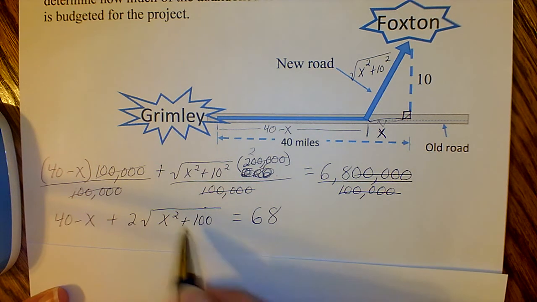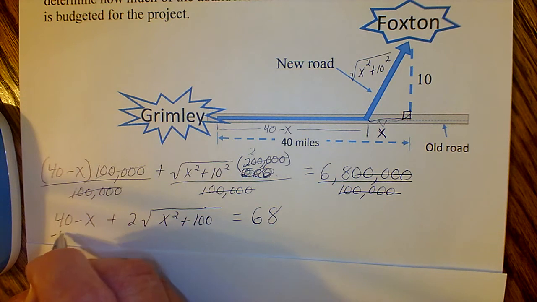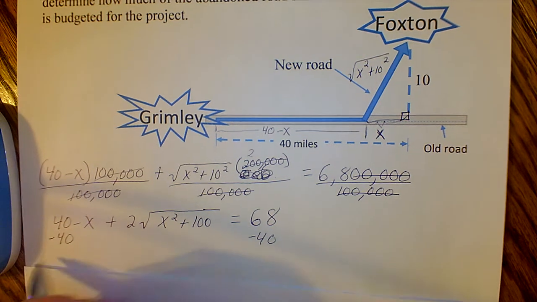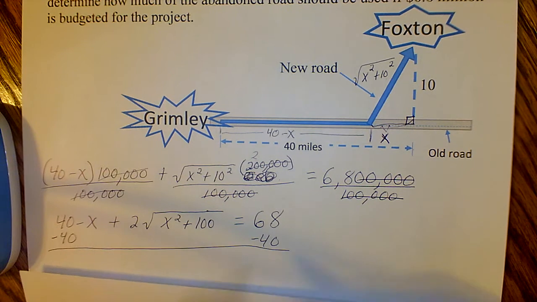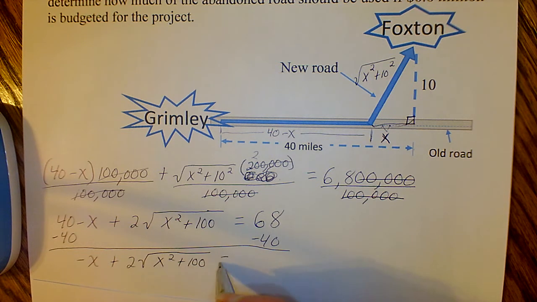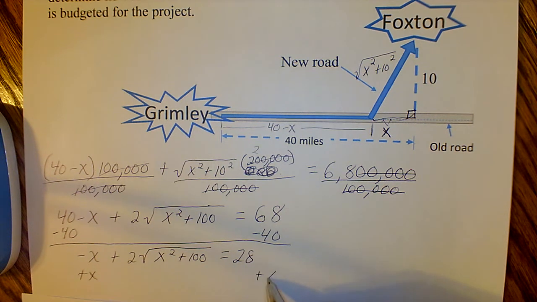So we're trying to get x all by itself, trying to solve for x. Let's subtract 40 from both sides. And so we're going to get negative x plus 2 square root x squared plus 100 is equal to 28. Now we could add x to both sides.